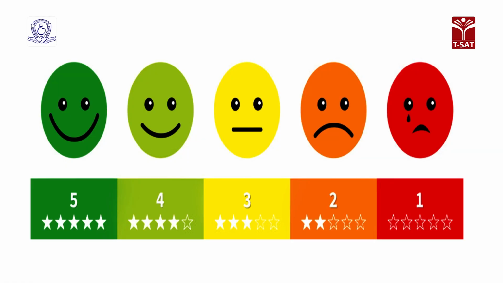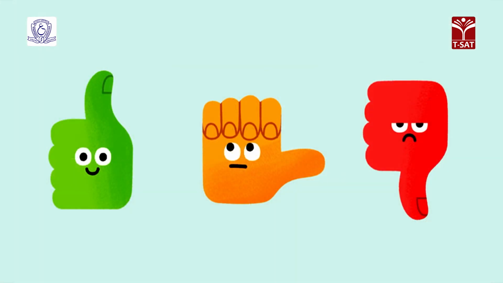The scores of this scale have to be interpreted merely on a relative basis, that is, on the basis of whether the score is higher or lower, indicating whether the attitude of the individual is more favorable or more unfavorable. So, as I said, the two polar ends.